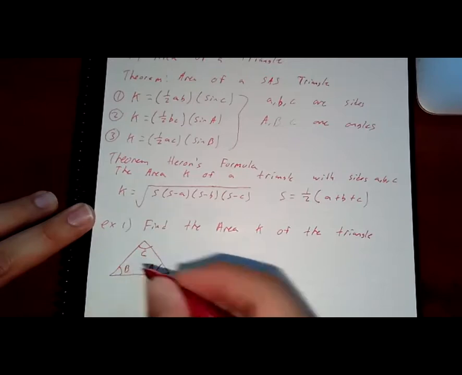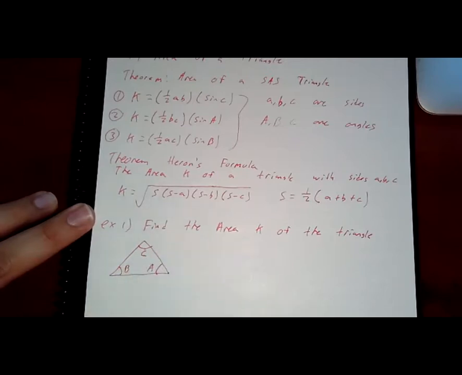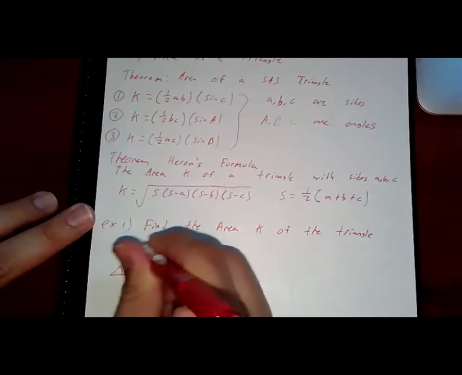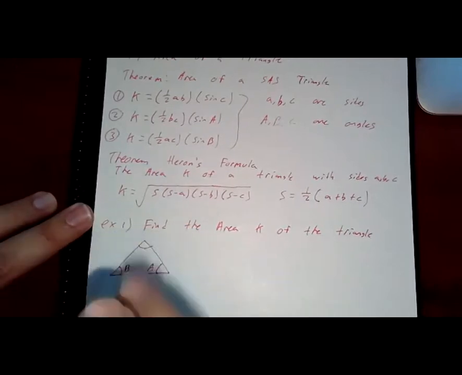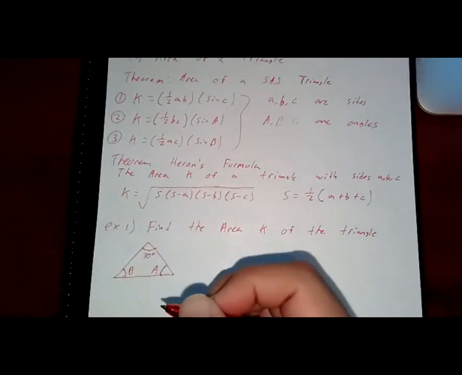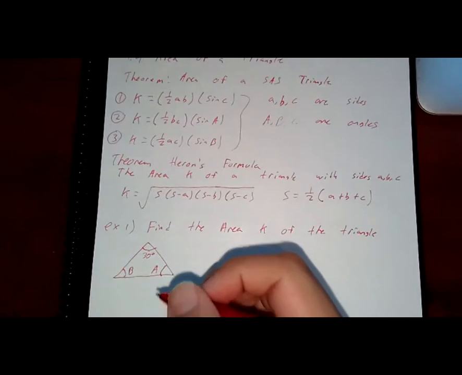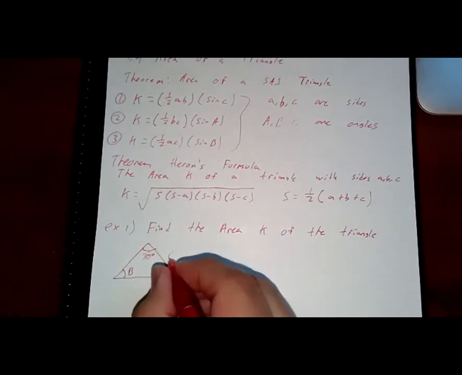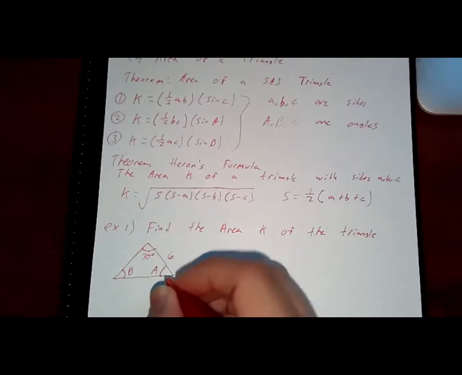Yeah. Okay. So here is C. C is the one they're going to give us. From the problem in the book, they give us 30 degrees. And they do not give us the opposite side. They do give us little b, which is going to be 6. And then little a is 8.